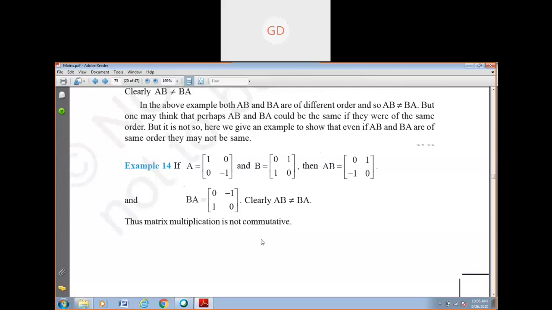Definitely not equal, so you can check yourself. So this is matrix multiplication.